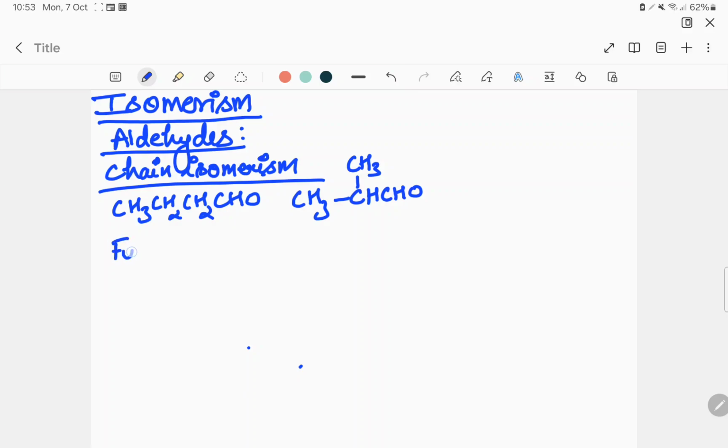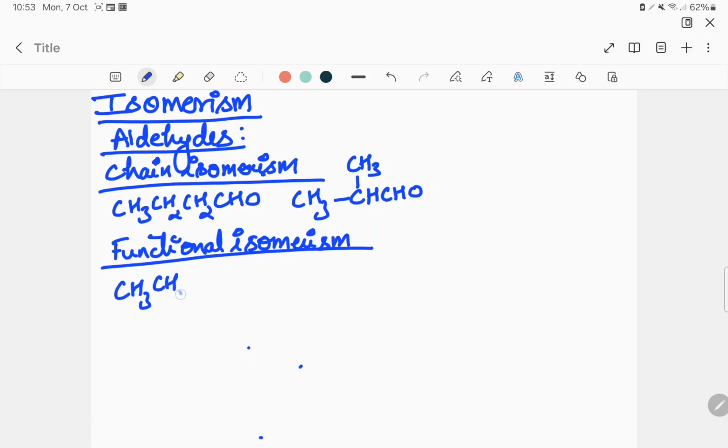Now we have functional isomerism. In the case of functional isomerism, the molecular formula is going to be the same, but the functional group is going to be different.